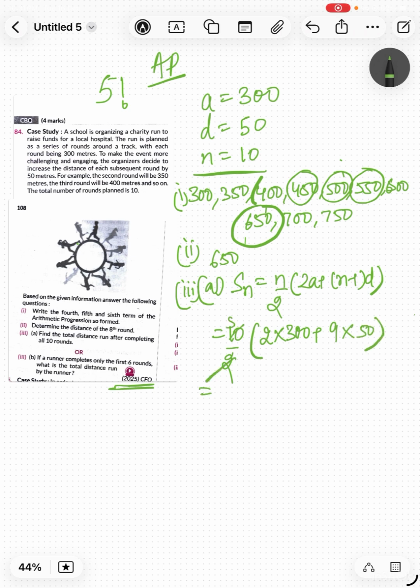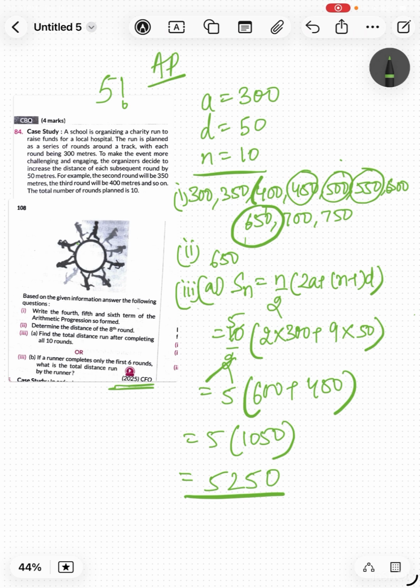Okay, so this is 5. You have to calculate it faster. Okay, this is 600 plus 450, 5 into 1050. Okay, now 1050 into 5, 5250. Okay, so this was the answer of part A of the third question.